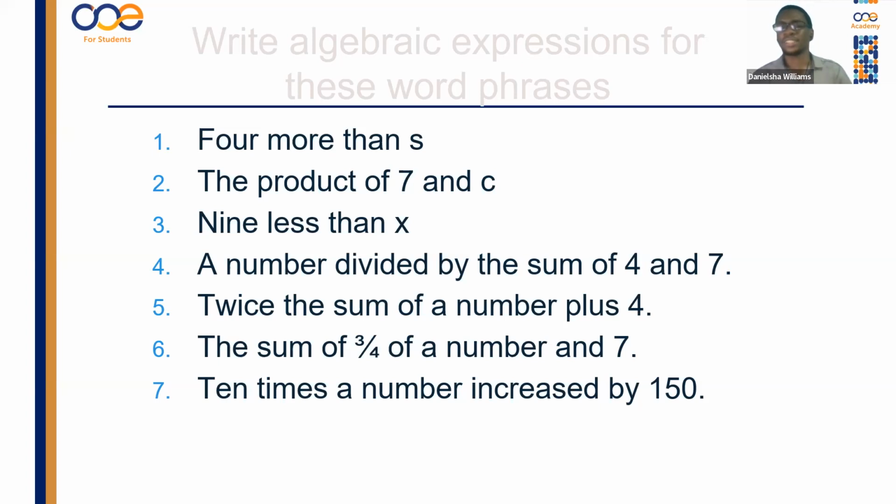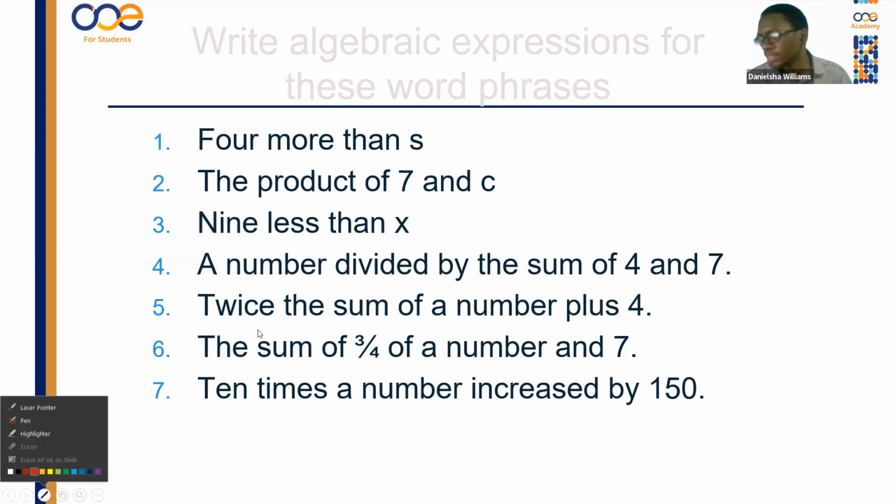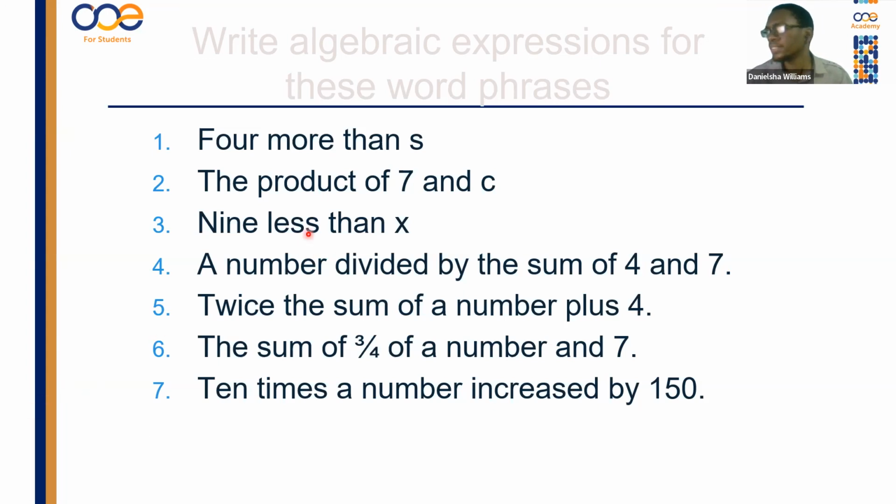Dante, that is not correct. The reason, as I was saying before, is that when you have "than," let me see if I can annotate this. Whenever we have "than," we have to switch the variable, whatever you want to call it, C, T, whatever, and the number.